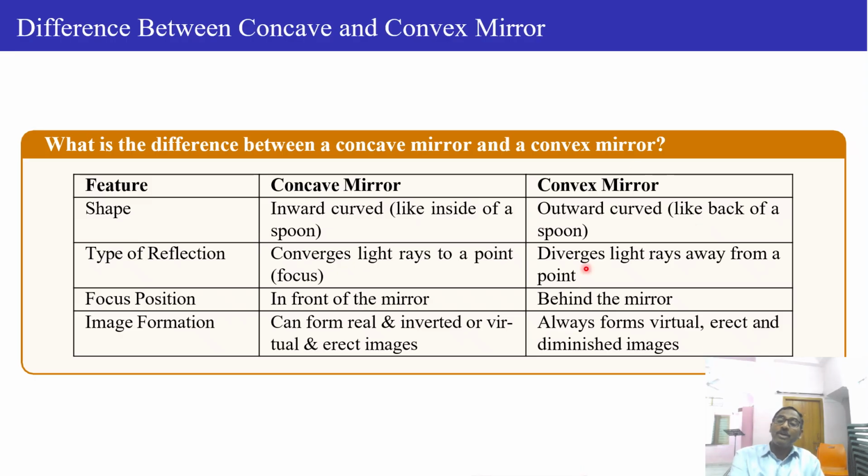But a convex mirror always gives a virtual, erect, diminished image only. Diminished means reduced in size. We will take the object at different positions in front of the mirror and study where the image will be formed. All that we will discuss.